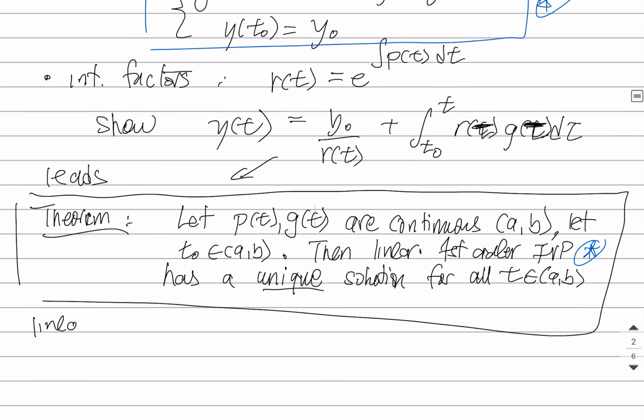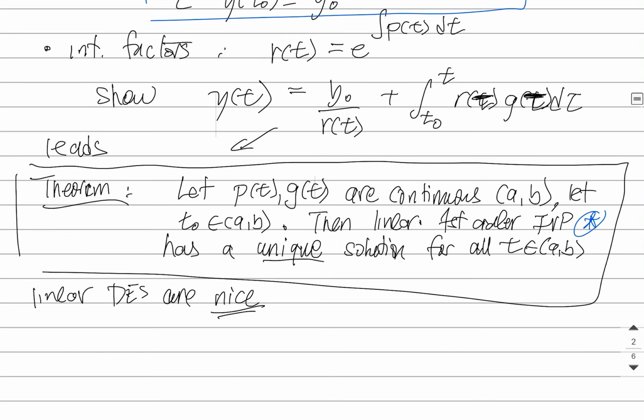So this is really nice. Linear DEs are very nice. We like them. We get existence, we get uniqueness, and we have all of this for the entire interval.